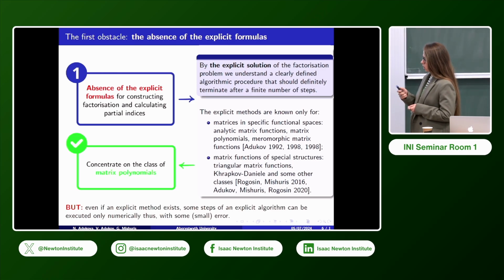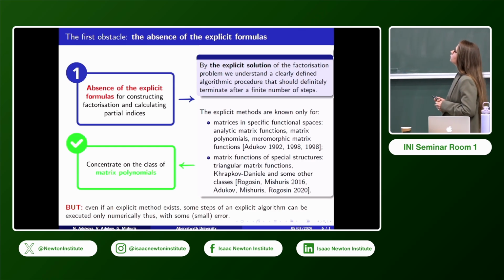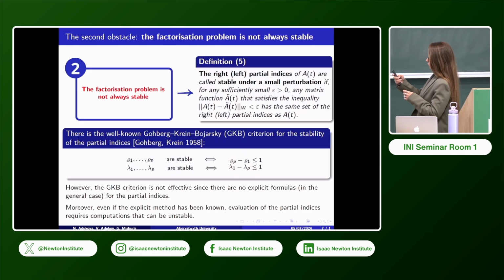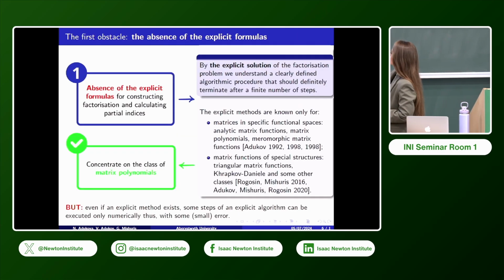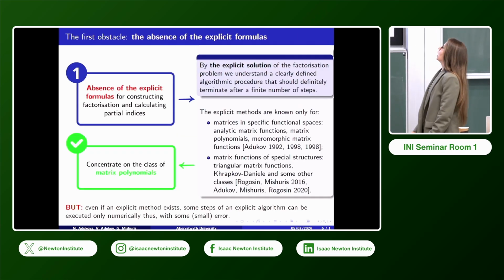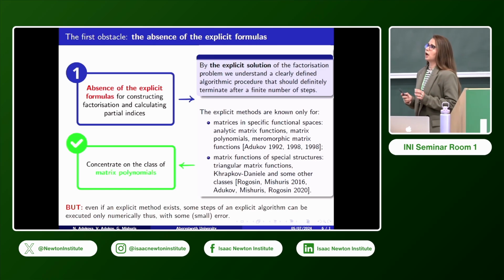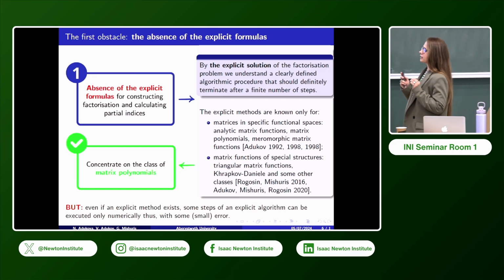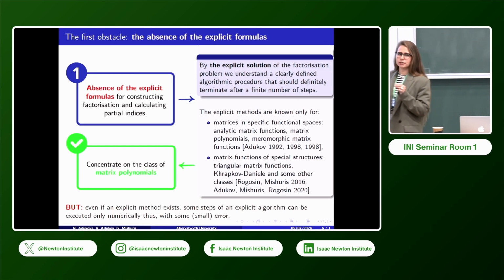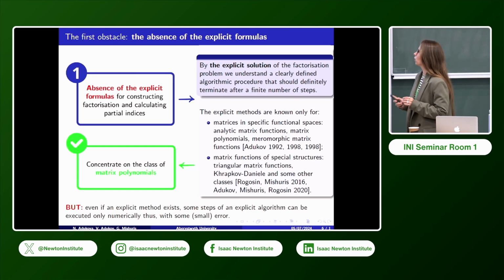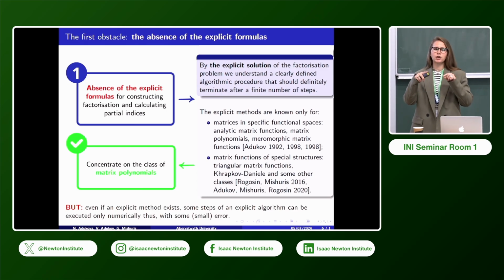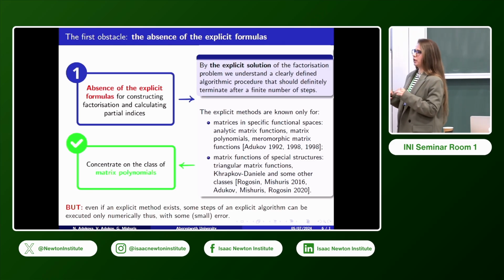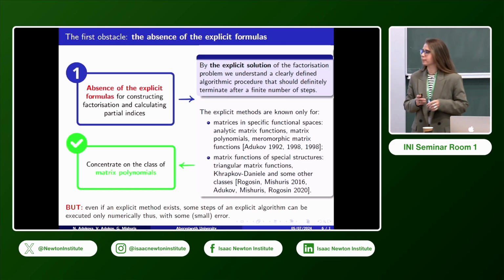So in our research, we will concentrate on the class of matrix polynomials, for which explicit formulas have been developed. Unfortunately, even if an explicit method exists, some steps of the algorithm can be done only approximately. And if we have the unstable case, even the explicit algorithm won't be a solution.